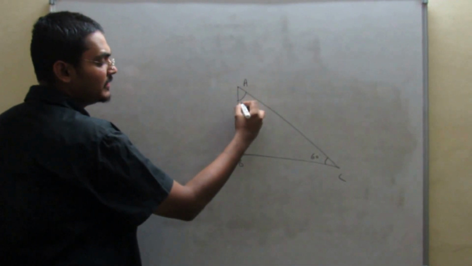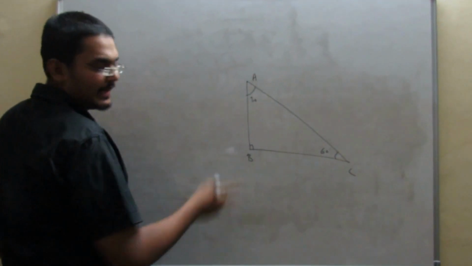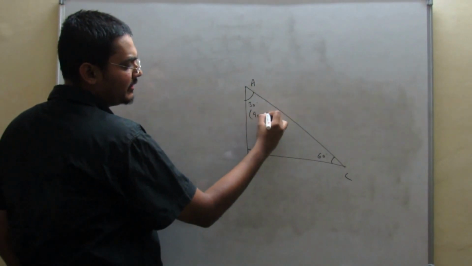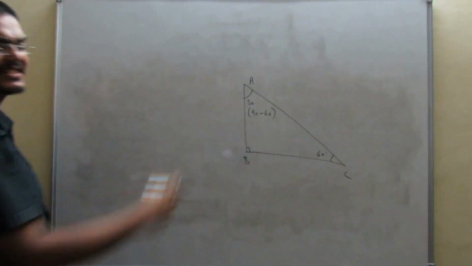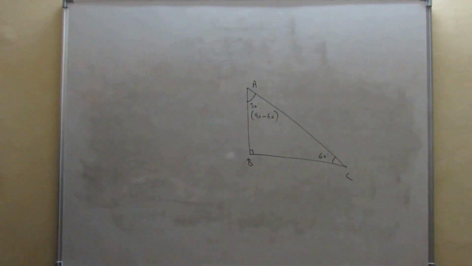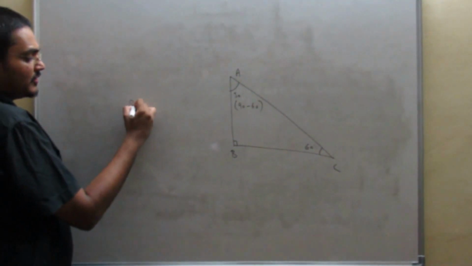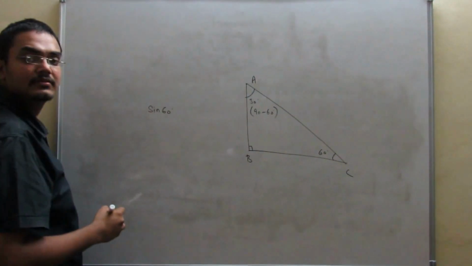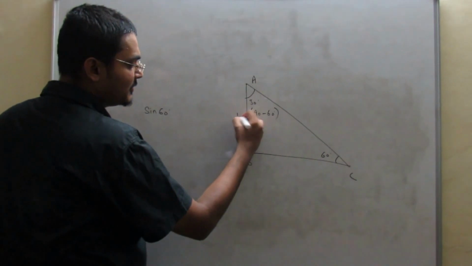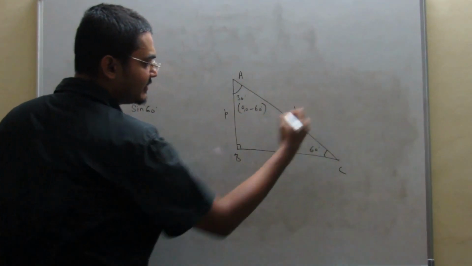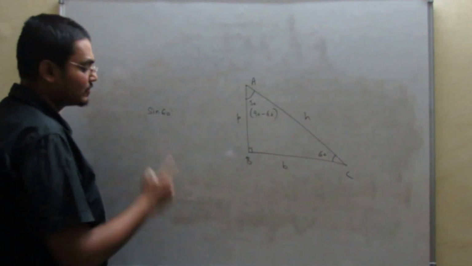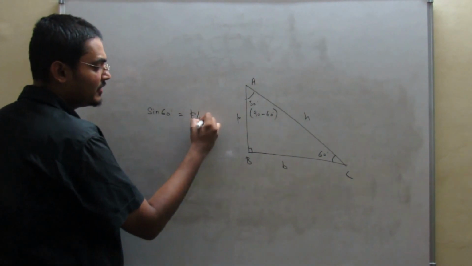So this would be 30 degrees, or I could call it 90 minus 60 degrees. So if I talk about sine 60 degrees, so that would mean this is perpendicular, this is base, and this is height for 60 degree. So sine 60 would be perpendicular upon hypotenuse.